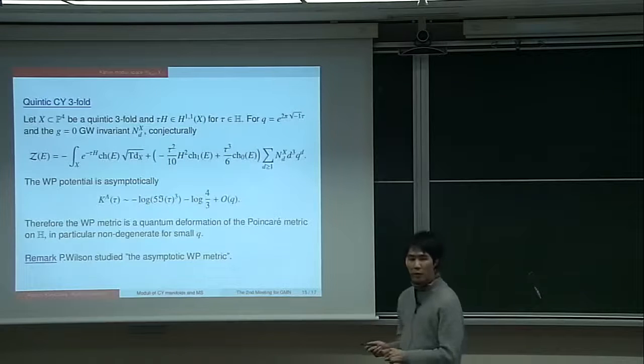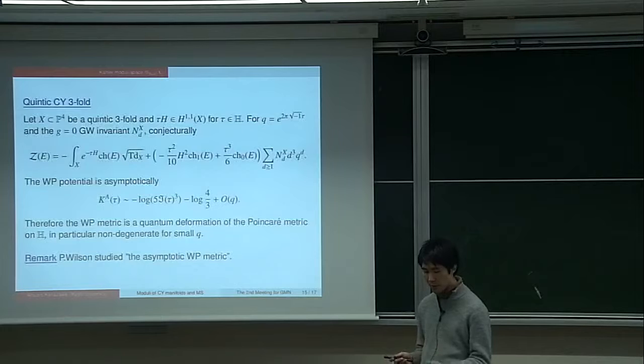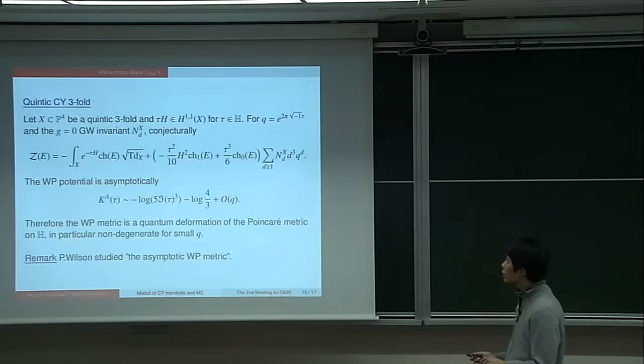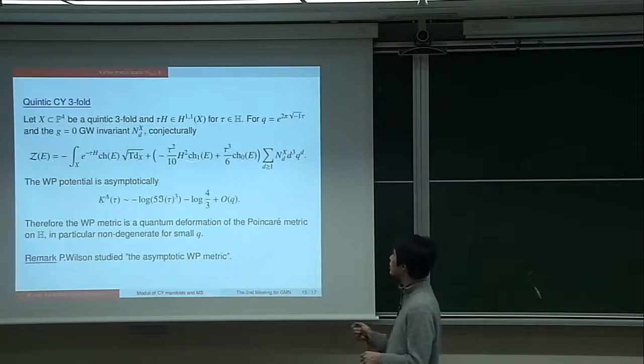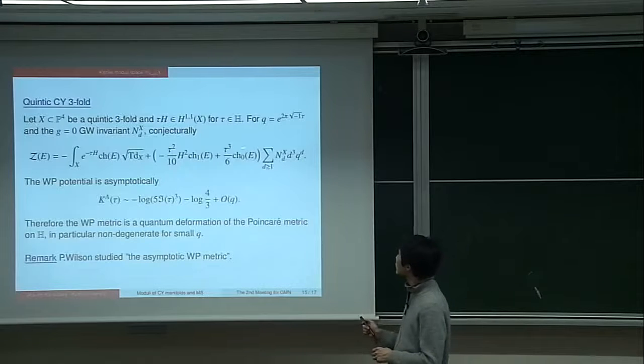And what about the quintic threefold? The existence of a stability condition for the quintic has not been proven, but conjecturally it's given by this central charge. Maybe I should explain it.